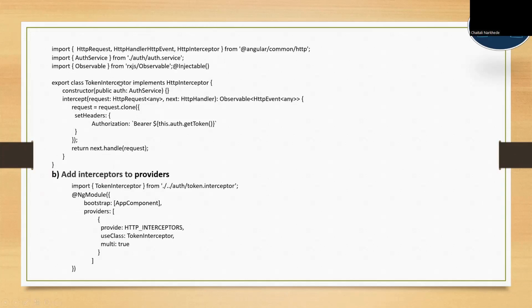Once you create this interceptor, you have to add it in providers. So you have to go to the app.module.ts file, and in the providers section you have to provide it, like provide HTTP_INTERCEPTORS, useClass. For useClass, you have to define your custom interceptor class name like TokenInterceptor, and you have to set multi equal to true.